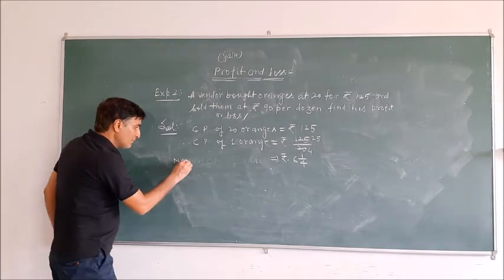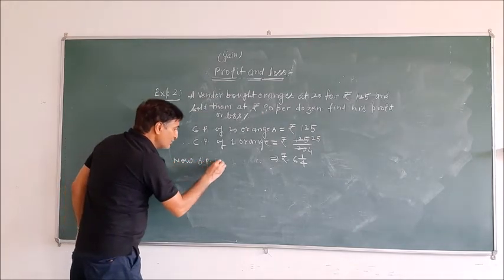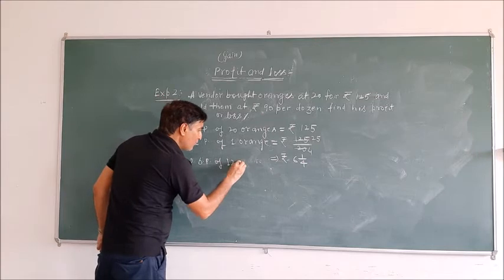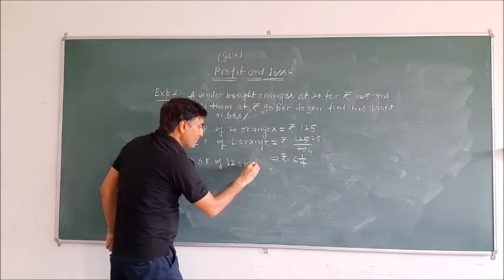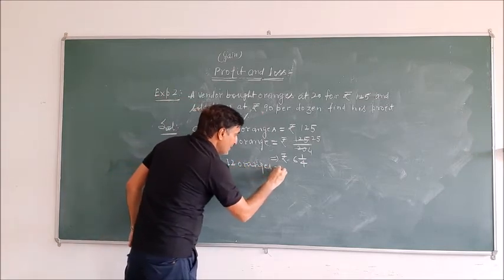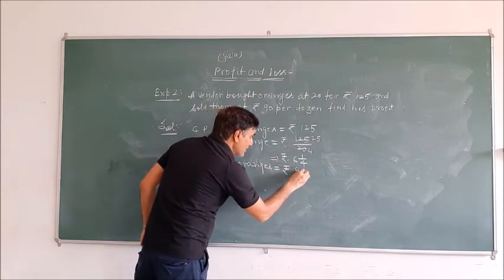Now the selling price of 12 oranges is rupees 90.